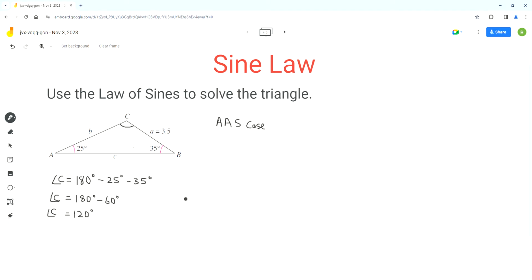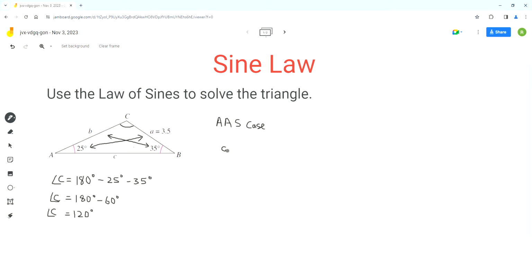Now we can find side B or length of side AC. For that, we'll use the sine law equation, and we know angle A and we know the length of the opposite side, which is 3.5 units. We'll use that to find the length of side B. Since we have to find a missing side length, we'll use the form of sine law equation that has side lengths in the numerator.